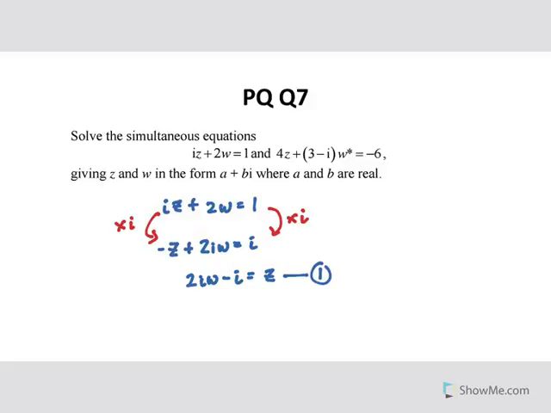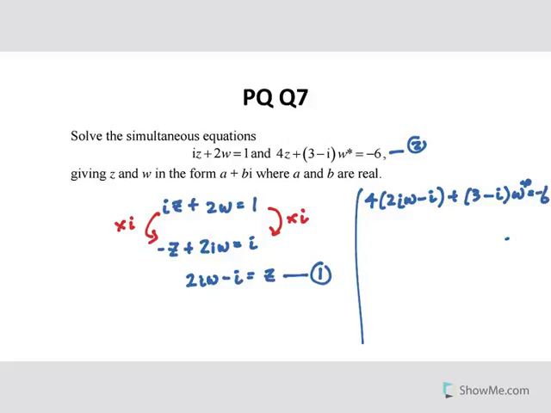Next I can substitute this into equation 2, where 4z + (3 − i)w* = −6. 4z will be 4(2iw* − i) plus (3 − i)w* equals −6.